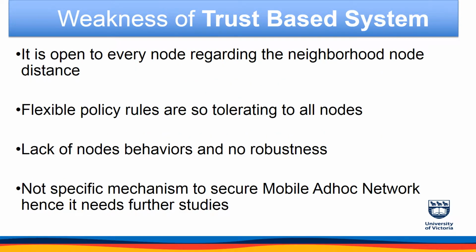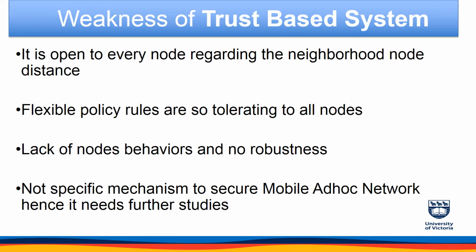Even though the trust-based system was meant for protecting MANET against attack, it has different weaknesses. It is open to every node, regardless of where the node is located. It means that no matter how far the node is located, it can request to be connected to the MANET network and get that access.